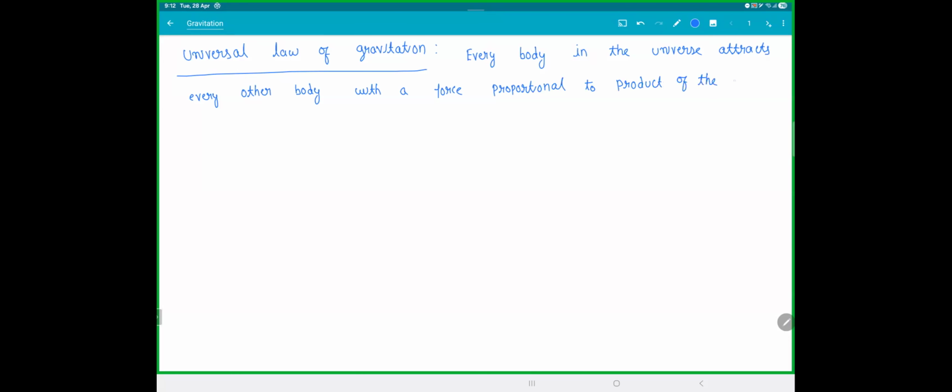So what this law says: every body in the universe attracts every other body with a force proportional to the product of the masses and inversely proportional to the square of the distance between them. The same thing as Coulomb's law.